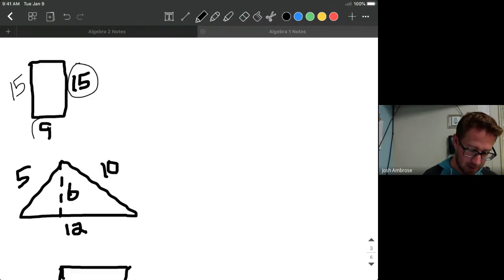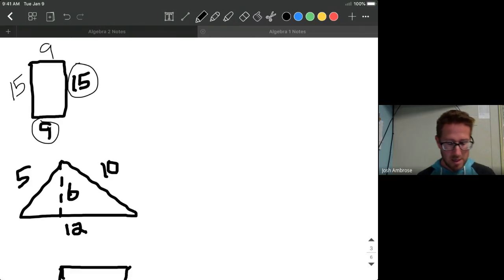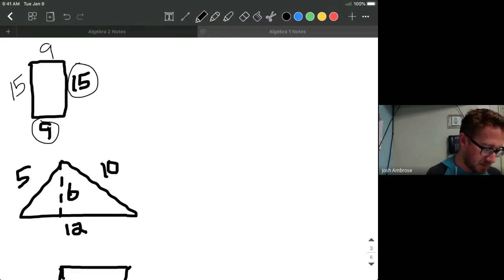If I see a 9 right here, opposite that, there's going to be another 9 right there. Okay, so let's go ahead and first gather our perimeter, which is just going to be 15 plus 15 plus 9 plus 9. And we'll write that out here.